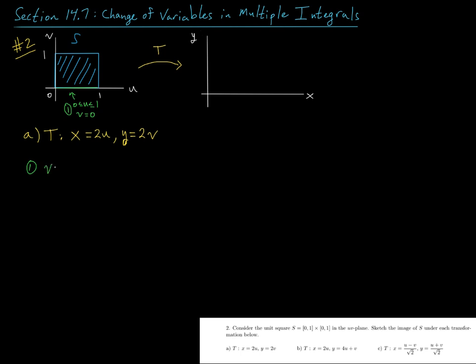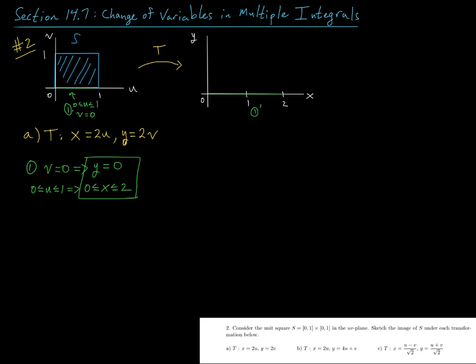And so the fact that v is constant 0 will imply that y being twice v would be constant 0. And letting u vary from 0 to 1 implies that x being twice u will vary from 0 to 2. Okay, so these conditions are describing this interval along the x-axis.